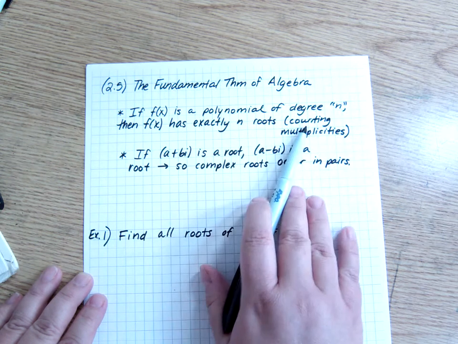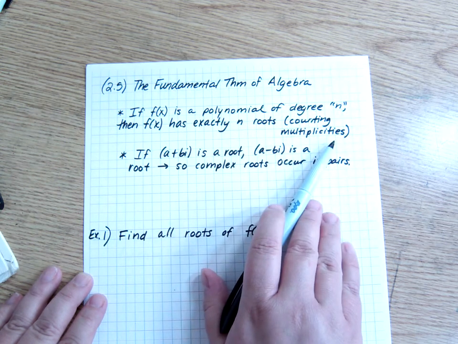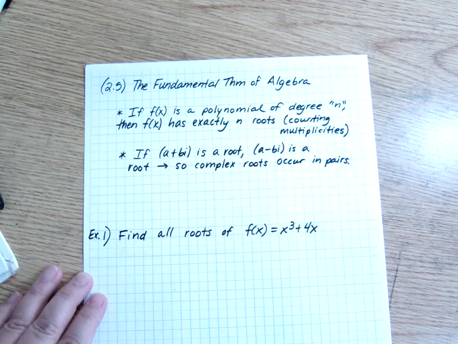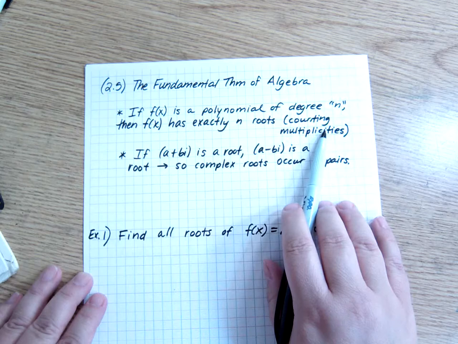Now, when it says counting multiplicities, that doesn't necessarily mean all 5 of them will be different. That means if we completely factored it out, you would see 5 roots, if it could be completely factored out. Or basically you could have x squared, and that would be 2 roots because x equals 0 twice. I know you guys know what that is.